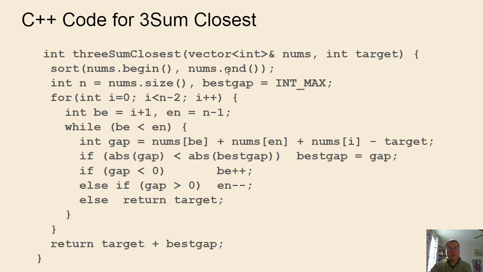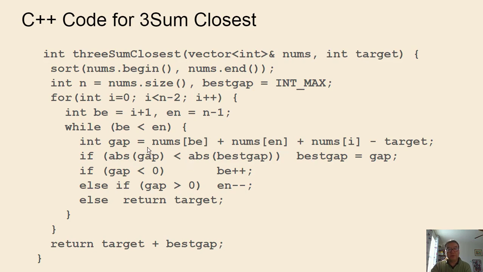We sort the array where we store the numbers, and we store the best gap we have achieved so far, which is initialized to the maximum integer, and then we loop over all possible first elements, i. The beginning and end are set to the element after this and the last element, and we keep going until the 2 pointers collide, in which case we know we are done.